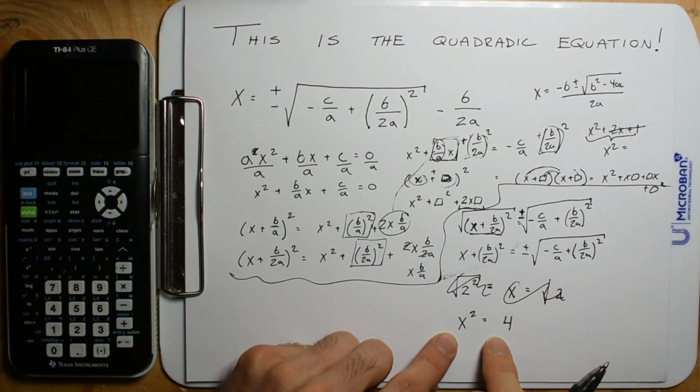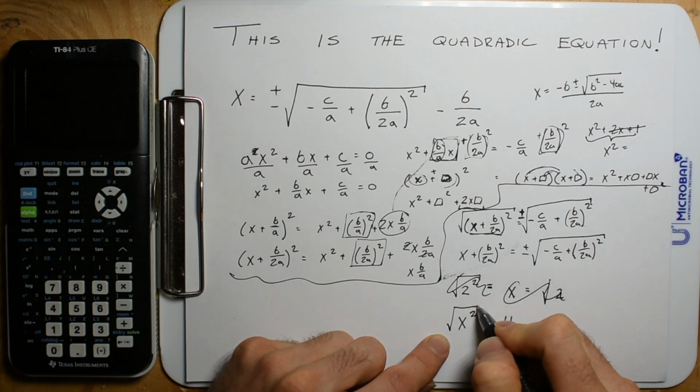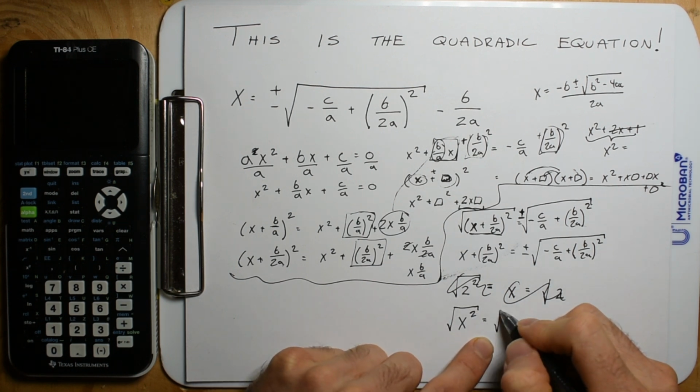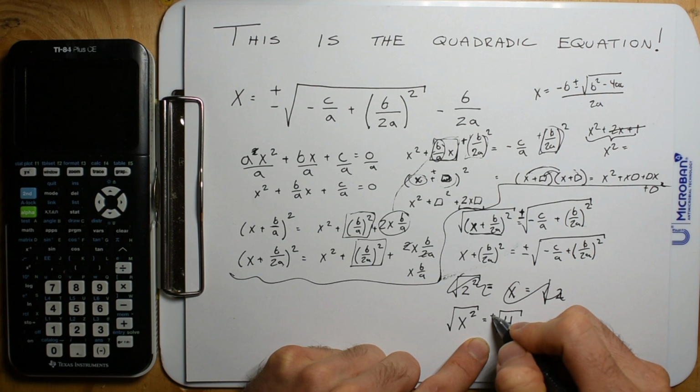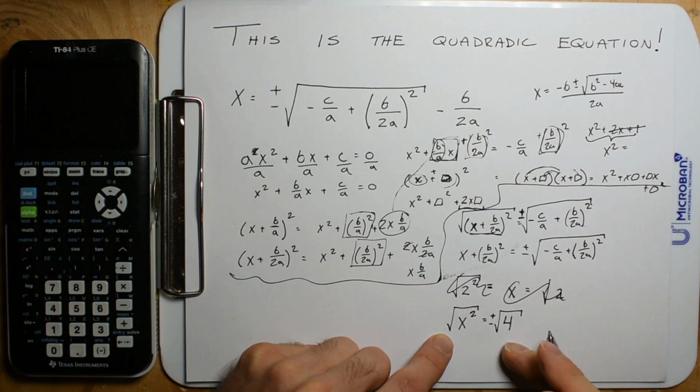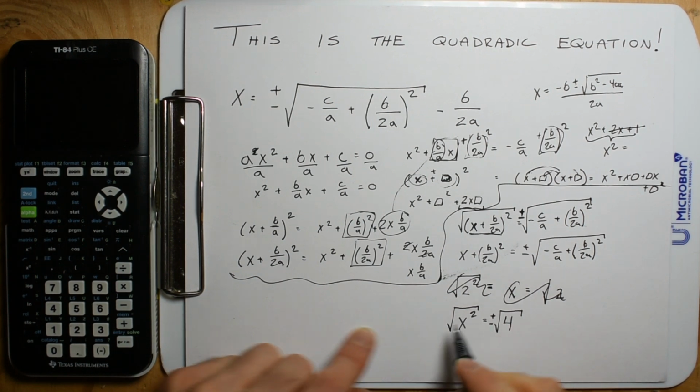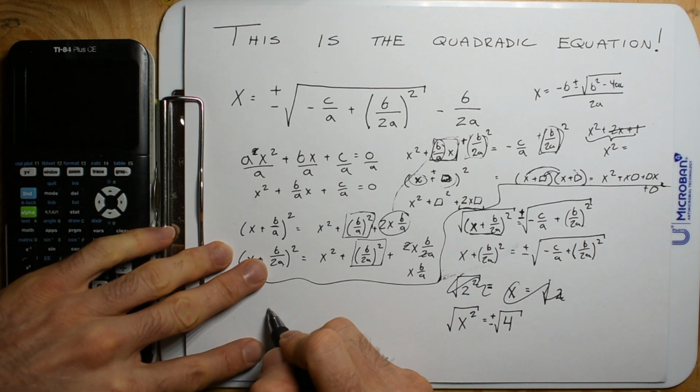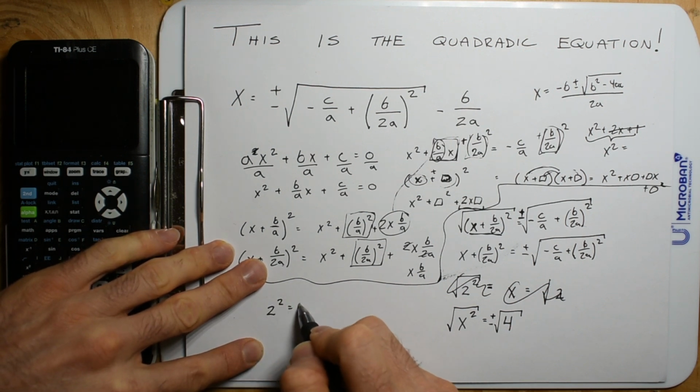Okay, so if we solve this, we would take the square root of this side, and then the square root of this side. But when we do, we have to do plus or minus. Let's take a look at this. If we had 2 squared, that would give us 4.